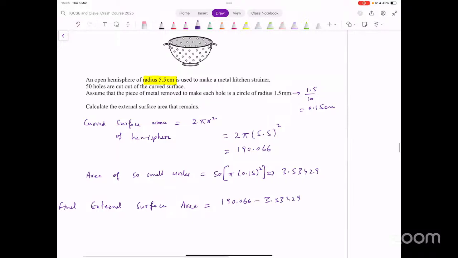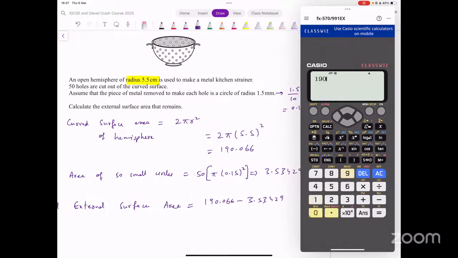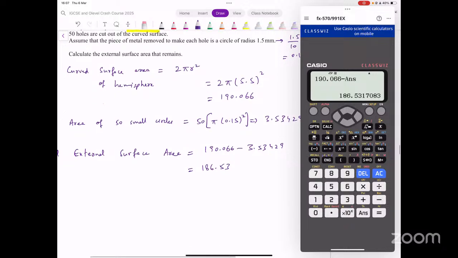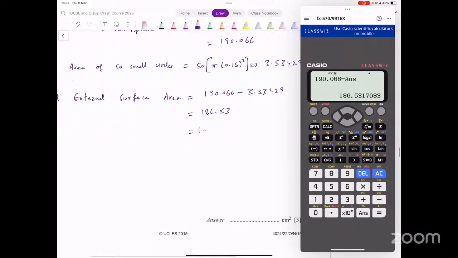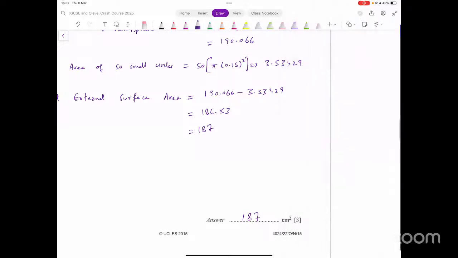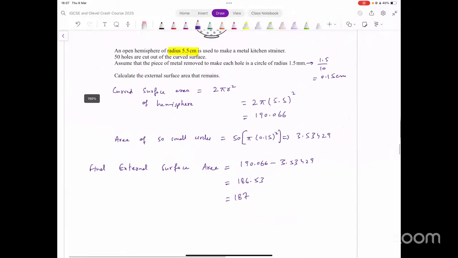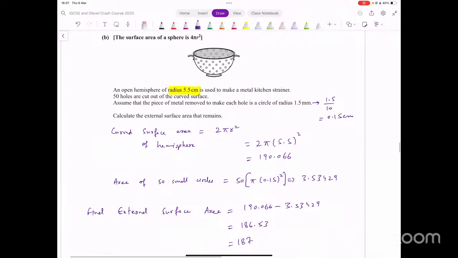Let's see what this turns out to be. That gives me 186.53. If you round it off to three significant figures, that gives you 187. That is the final result. The external surface area of this figure is 187. And that's what we were looking for. Make sense? Any problems with this?